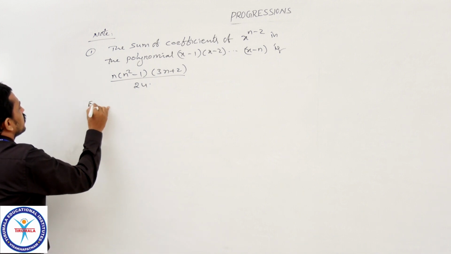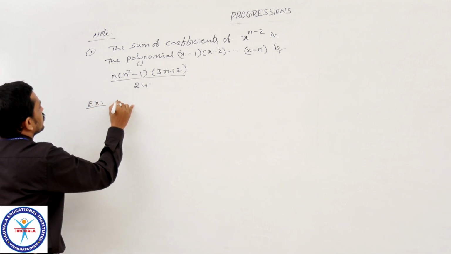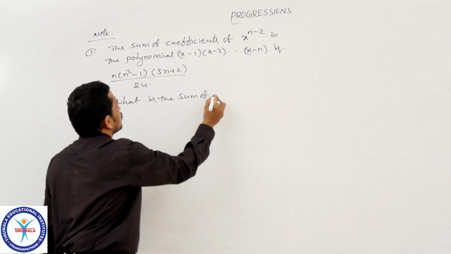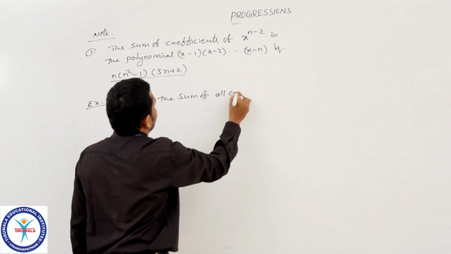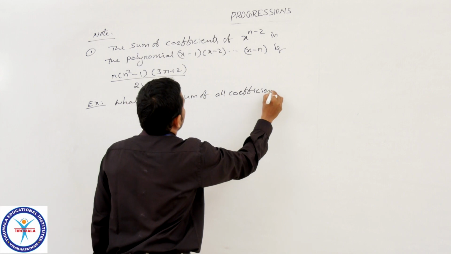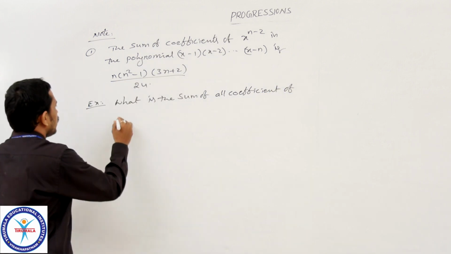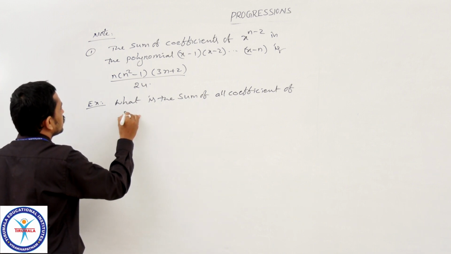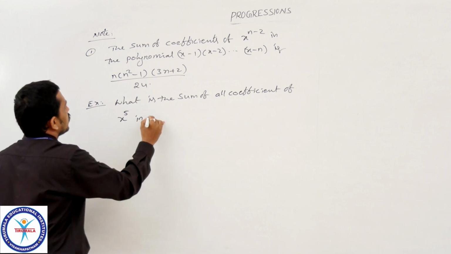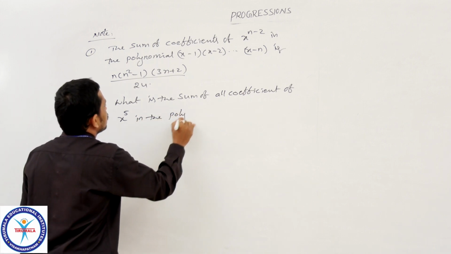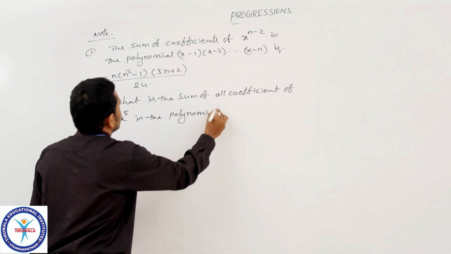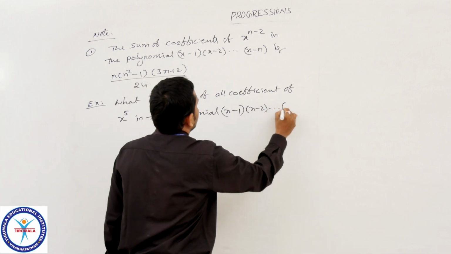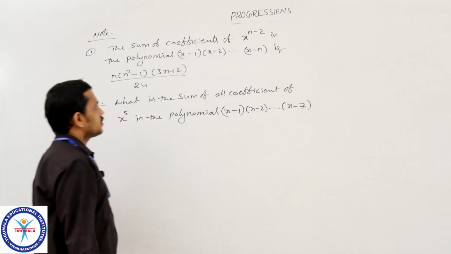Suppose, what is the sum of all coefficients of x to the power 5 in the polynomial (x minus 1)(x minus 2) and so on up to (x minus 7)?